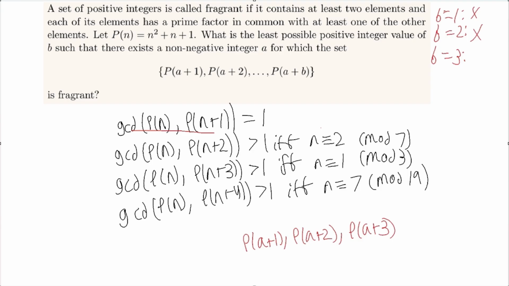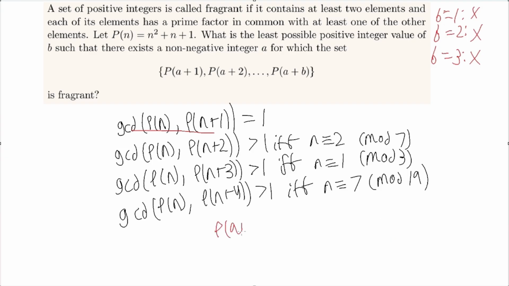And inspired by the fact that b equals 2 doesn't work, we want to somehow use the fact that we have a middle element here, which must be paired up with one of these adjacent elements, which doesn't work because of this item here. So b equals 3 doesn't work. What about b equals 4?